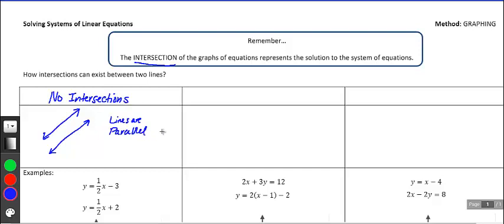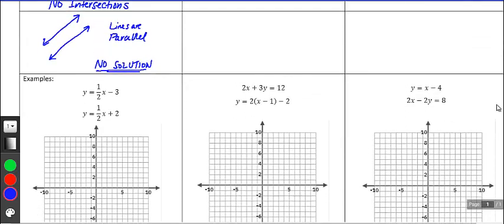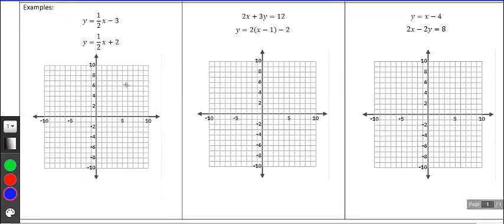What would that mean if there are no intersections? Well, if there are no intersections and intersections are solutions, that would mean that this has no solution. Right? This is a special case here. So let's do an example of where that happens. I'm already telling you that the answer to this is no solution.